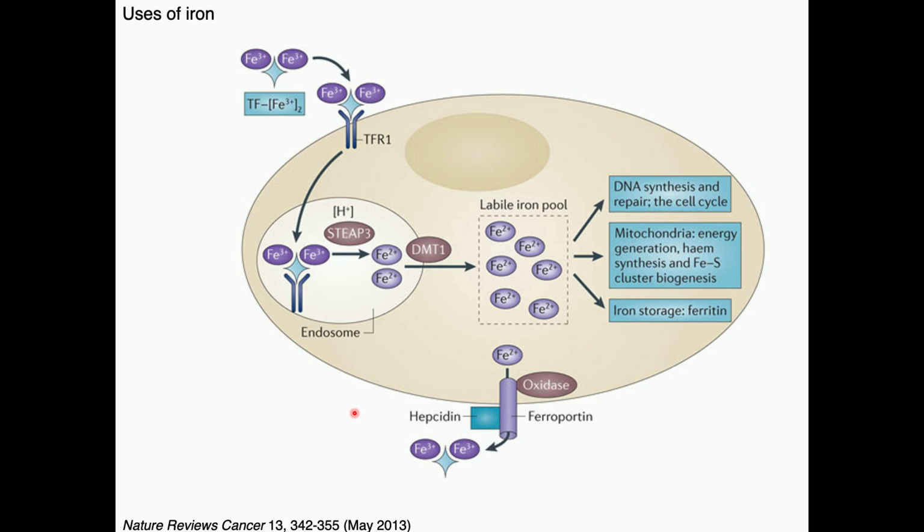And the transport of the iron out of that endocytic vesicle is really recapitulating the transport of dietary iron from the lumen of the gut into the gut epithelial cell. So there's an oxidoreductase called STEAP1 that is converting the ferric iron to the ferrous iron, and then that same transporter, the divalent metal transporter 1, is exporting the ferrous iron out of the endocytic vesicle and into the cytoplasmic iron pool.